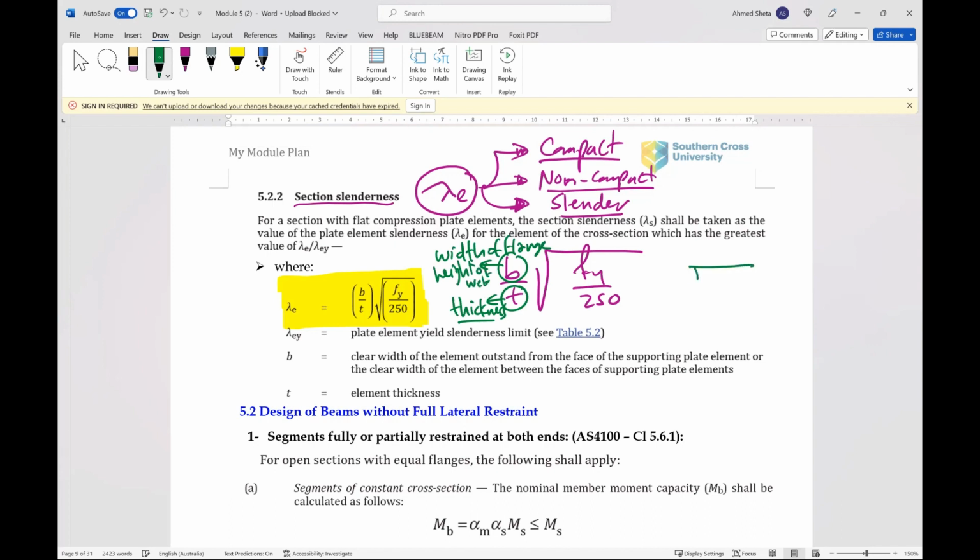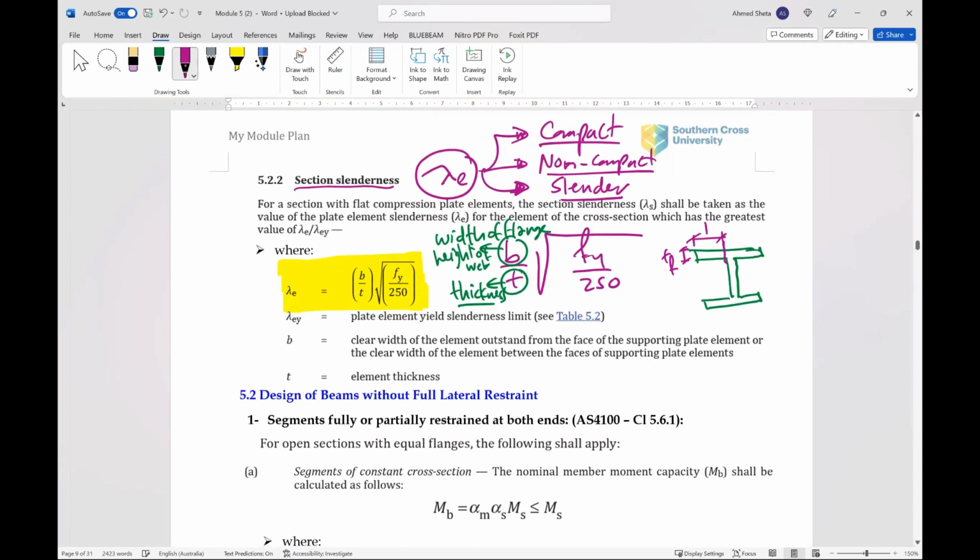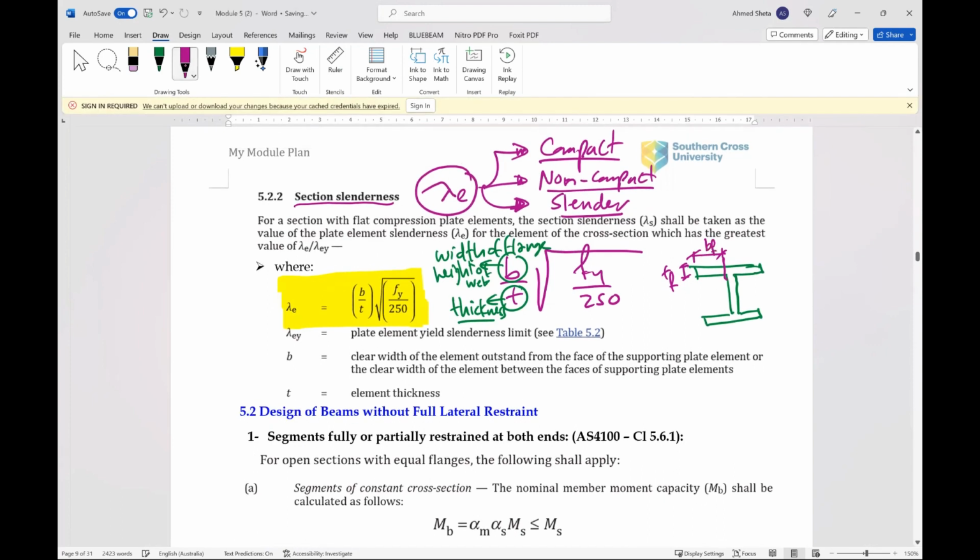As you know, if we have a steel member here, for the flange, this is t flange, and this is what we look at to calculate the slenderness ratio, which is b flange minus t web over 2, where this is t flange again, and this is t web.